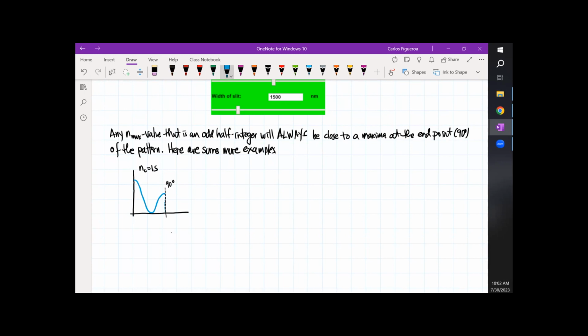So if I was to keep following this thing, I would get to 2. So now you could see here that this is 1, this is 2 here, but the pattern never gets all the way down to there. This value right here is approximately 1.5.